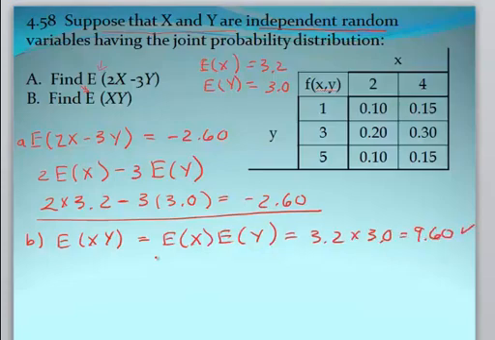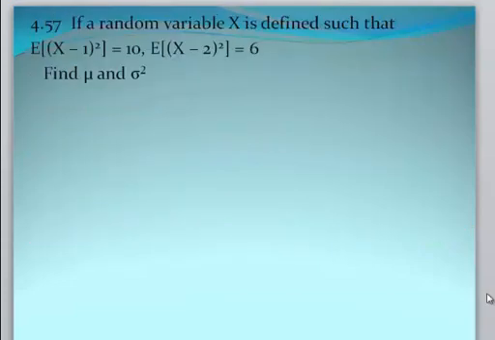Check. Not too bad. Now, last but not least, if a random variable x is defined such that the expected value of (x minus 1) squared is 10, and the expected value of (x minus 2) squared is 6, find the mean and the standard deviation.